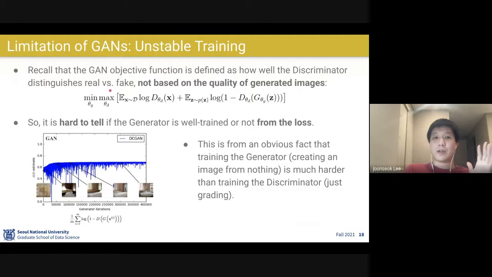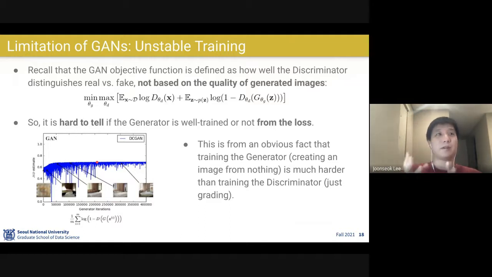So the GAN objective is defined as how well the discriminator distinguishes real versus fake, right? This one, not based on the quality of the generated images. Because of this, even though we draw the loss or the objective function, even though it looks like it's getting better, they actually just look like they stay the same.